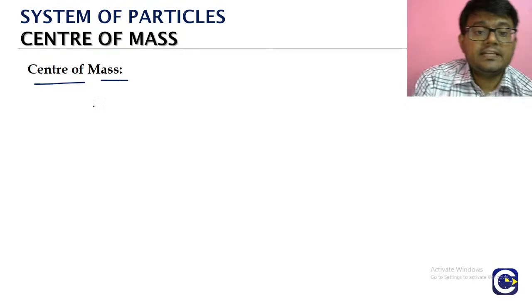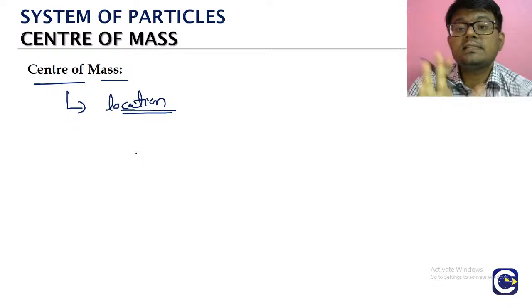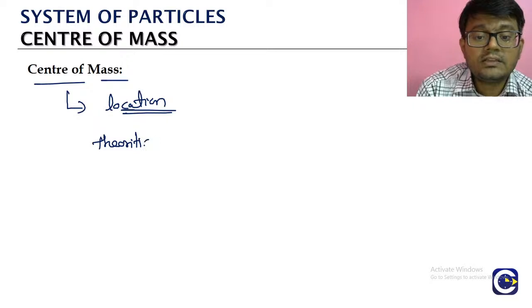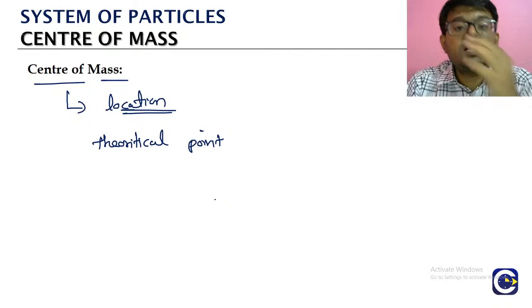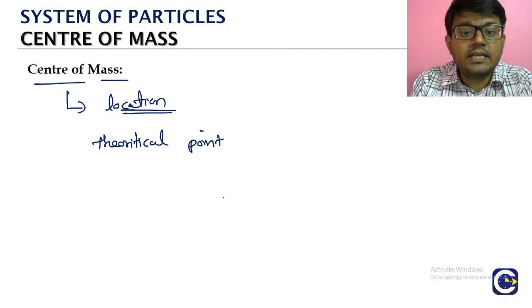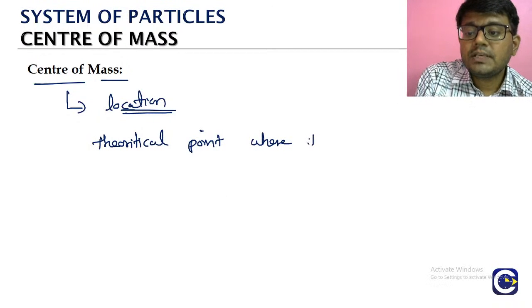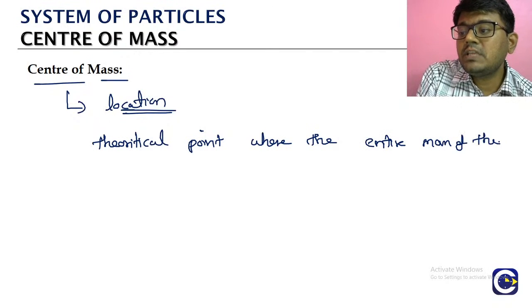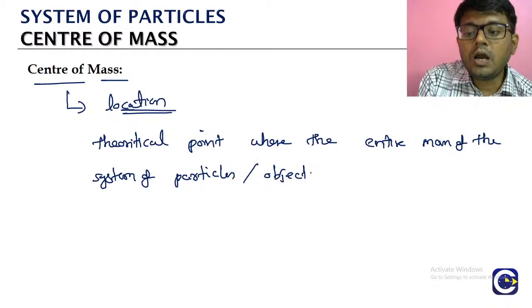So center of mass, as we said, is going to represent a location. What is this location? It is a theoretical point. We keep using the phrase center of mass point, but it is not like there is something there. It is a theoretical point where the entire mass of the system of particles or the object is assumed to be concentrated.